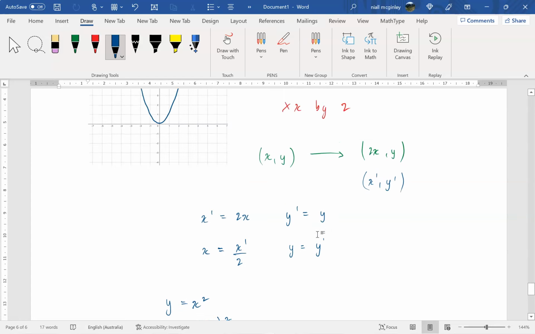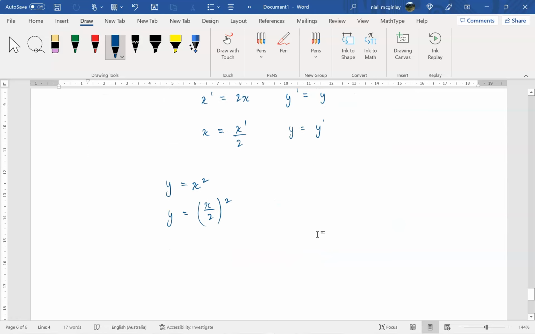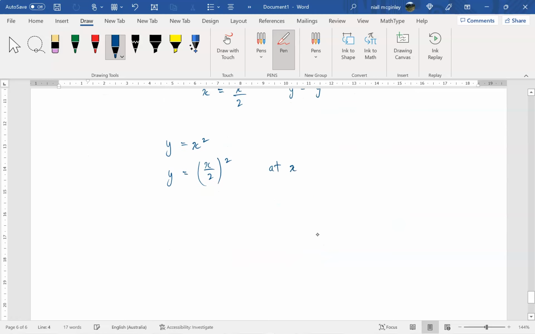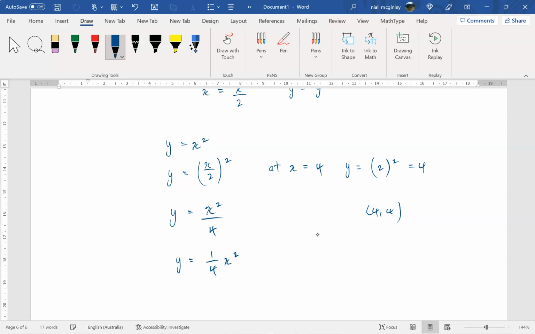To see if this works, we sub in x equals 4: 4 divided by 2 is 2, and 2 squared is 4, so that transformed point lies on my transformed function, which I can tidy up and write as 1/4 x squared, or whatever form you want. Subbing in 2 here gives a quarter times 4, so it works.